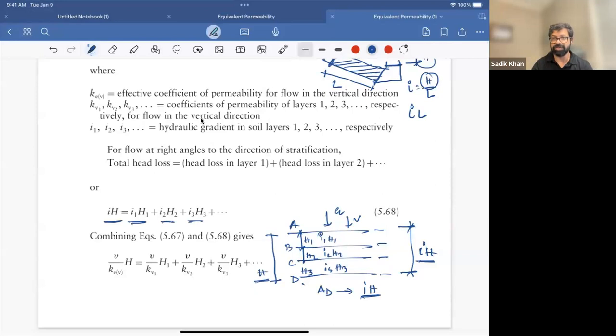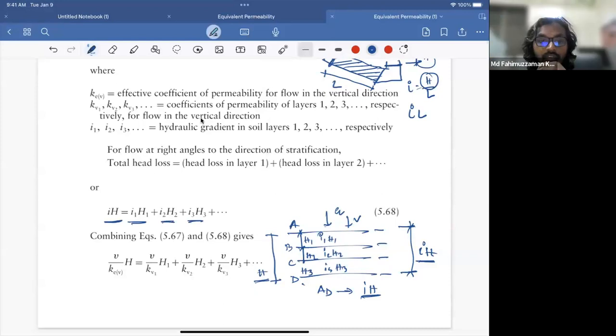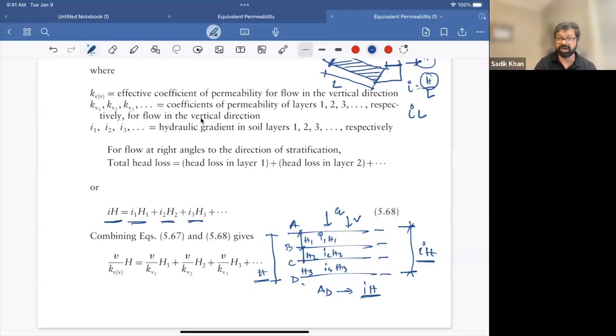Now i equals what? V equals Ki, so i equals V over K. So the first i equals V over K1, V over K2, V over K3, multiplied by H. V is common, so V will be out.